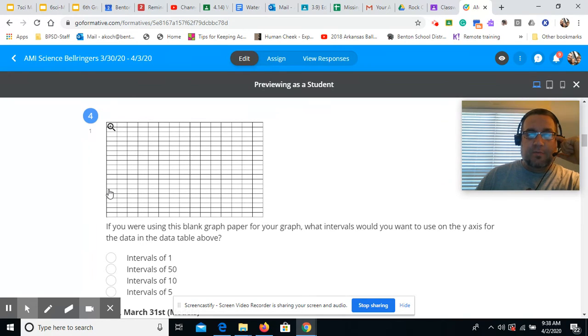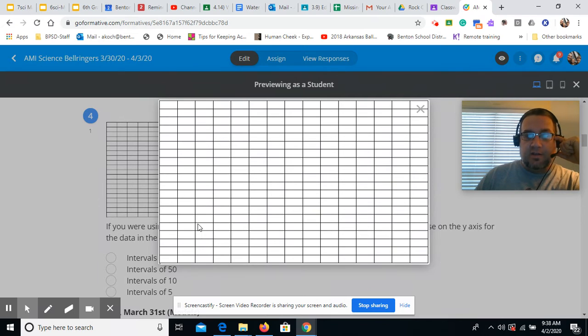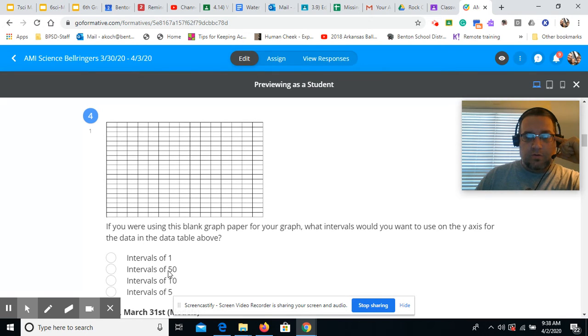Then that would be my stopping point. If we go by ones, 43, 44, 45, 46, 47, 48, 49, 50, 51, 52, 53, we can already see I'm not going to get there. So go through each one and see what's the best interval. And remember, interval is the value in between each line. How much is that worth on that graph?